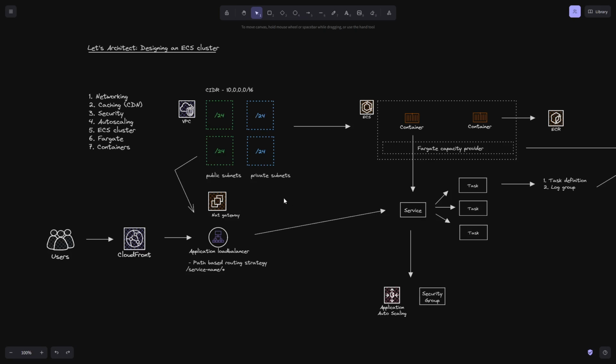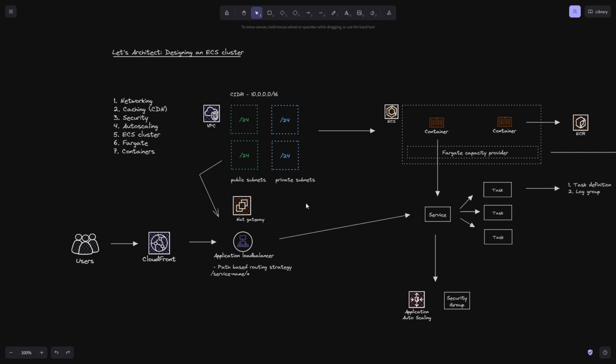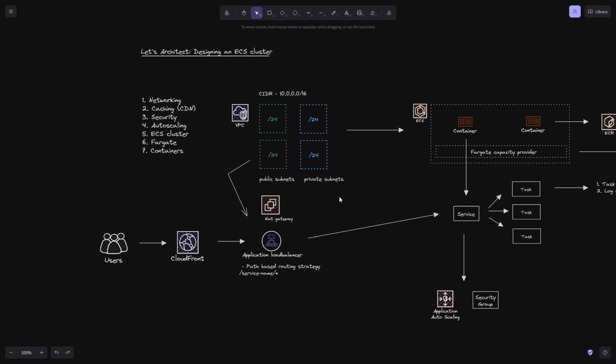So, some things to take into consideration as we do this design is, first of all, networking, meaning where our cluster itself will live, and the various components that will be needed to ensure that our cluster is running smoothly. The second thing to consider is caching, meaning where possible we'll temporarily store requests to make them easily available.